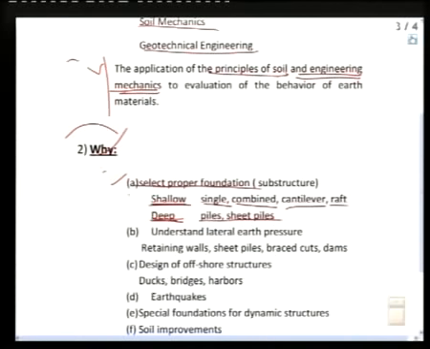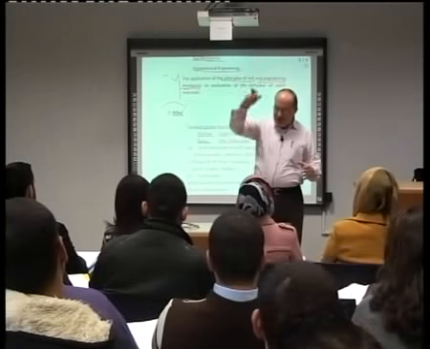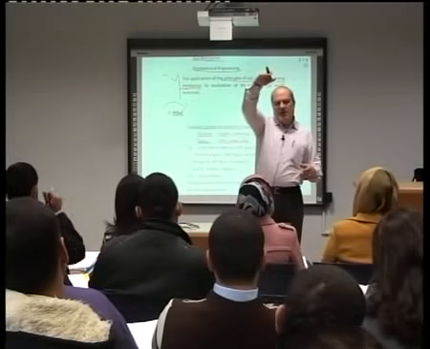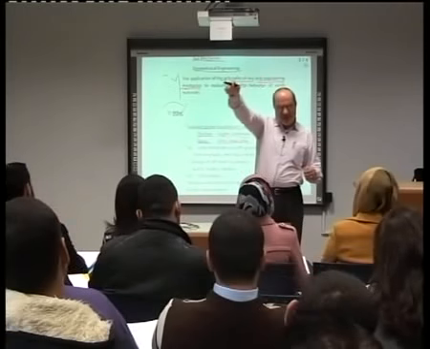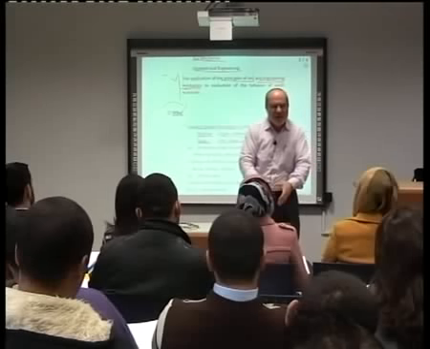Okay? Number two, I have to understand lateral earth pressure. You see, guys, every structure we build, load comes from above, downward, okay? From slabs, floors, right? Walls, comes to the columns, and then comes to the foundation.